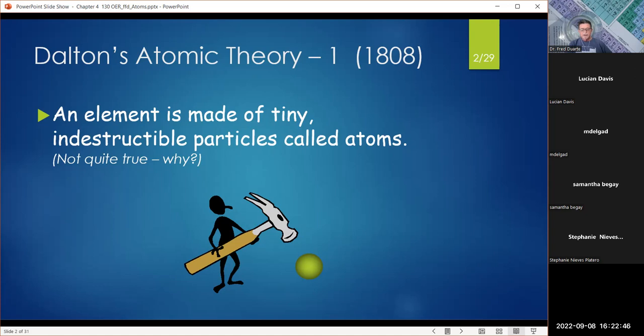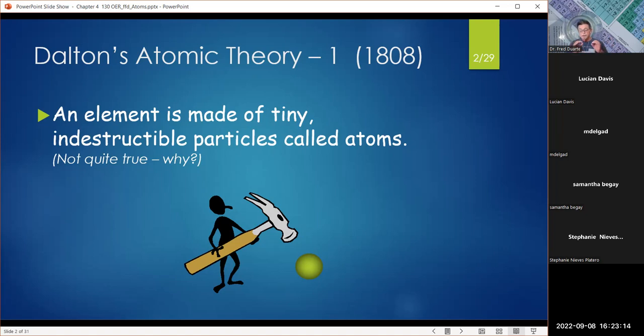He suggested that an element is made up of tiny, indestructible particles that are called atoms. He called them atoms, which is itself not a new term. The term atom goes all the way back to the Greek times. But it turns out that they're not quite indestructible, because we know that atoms are actually made up of what are called subatomic particles.